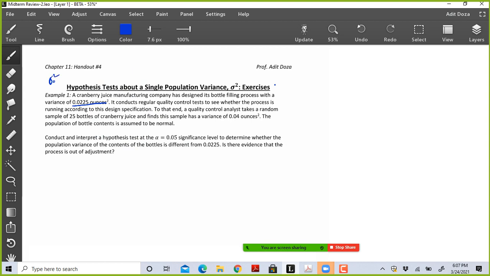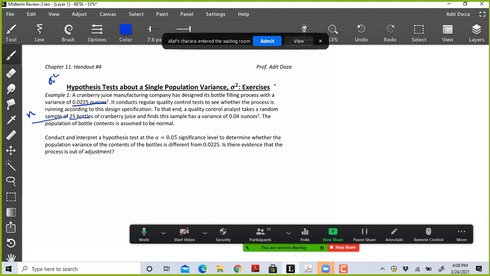It conducts regular quality control tests to see whether the process is running according to the design specification. To that end, a quality control analyst takes a random sample of 25 bottles. So the sample size is denoted by what? N. Number of samples, n equals 25, sigma square is 0.0225.